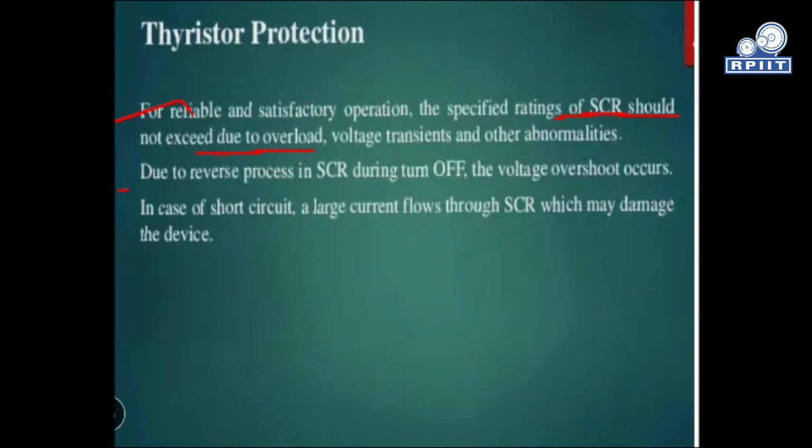Due to the reverse process in the SCR during turn off, the voltage overshoots, and in that case a short circuit occurs and a large current flows through the SCR, which may damage the device. That's why we need protection at that time.